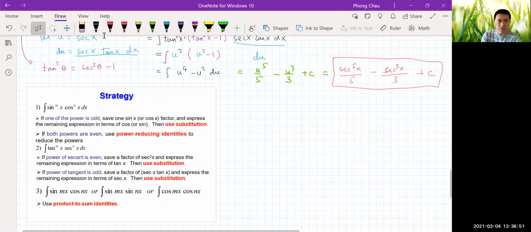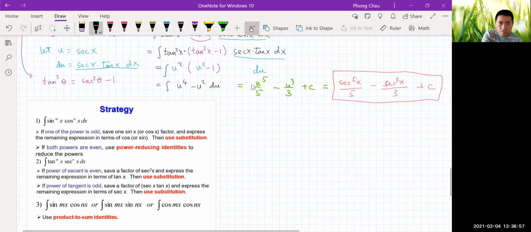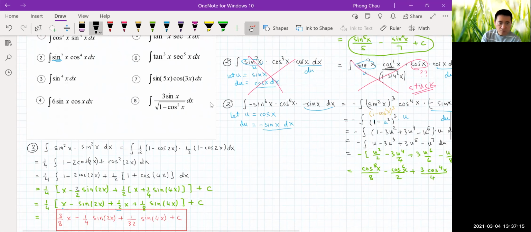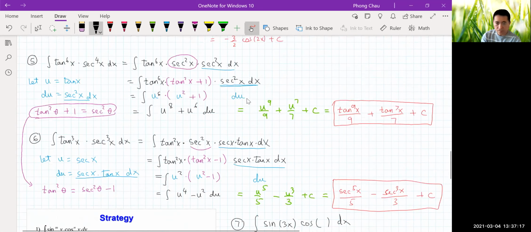Okay, I'm going to run number 7 here. We have the integral of sine of 3x and cosine of 5x.